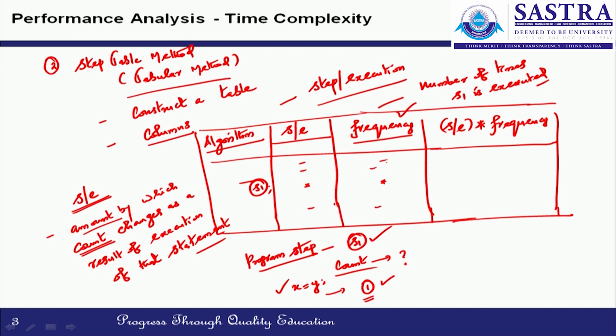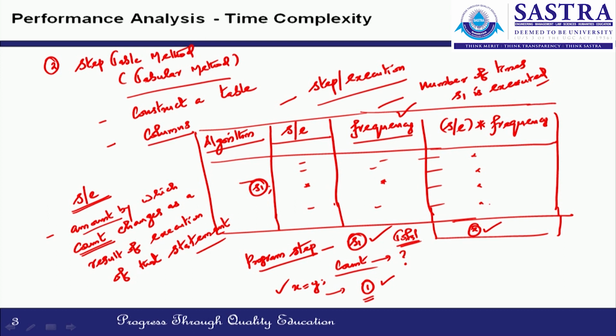Then in the last column, find the product of these two entries, then find the sum of the quantities in the last column. This indicates the total number of instructions or total number of executable steps of the algorithm.